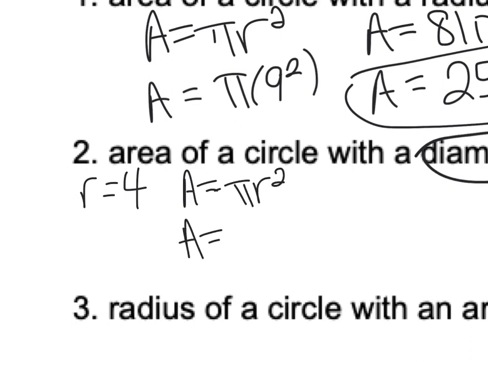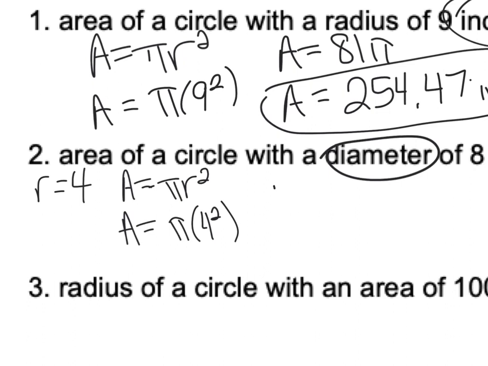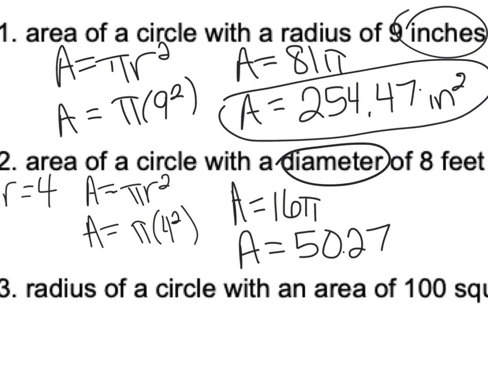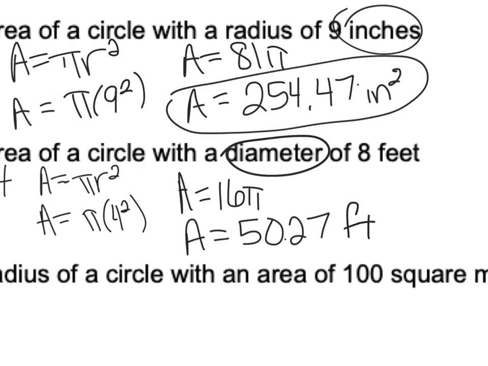So we have area equals pi times 4 squared, which is 16 pi, because 4 squared is 16. And 16 times pi is 50.27. And we are talking about feet, so it would be feet squared.